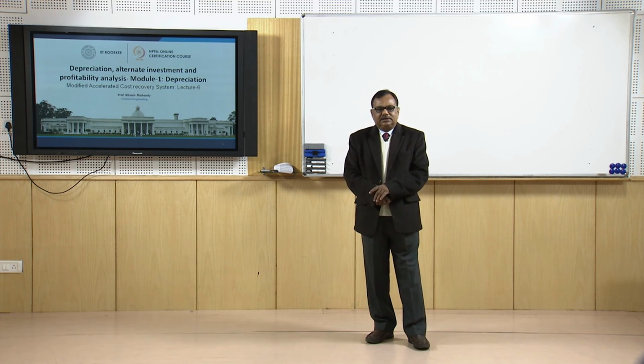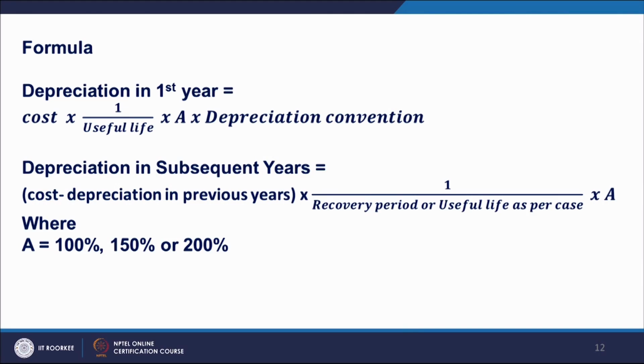Now, the formula is this: depreciation in the first year is equal to cost times 1 by service life times A times the depreciation convention. The half year convention is basically a depreciation convention.